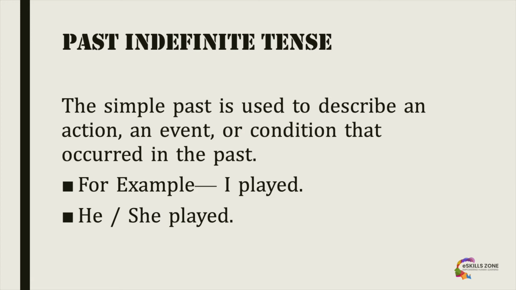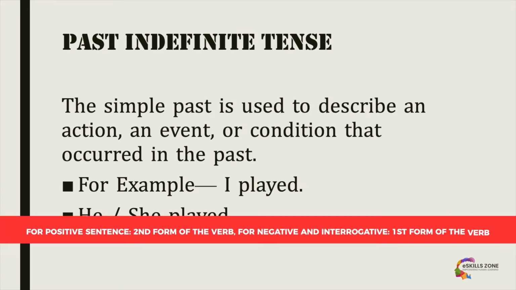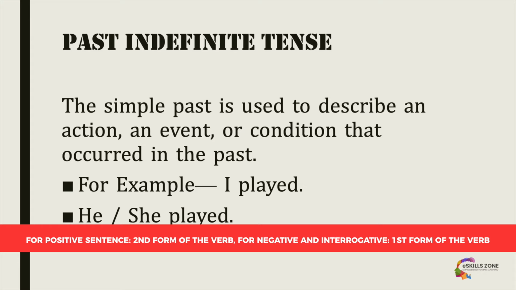And to convert a positive sentence into interrogative too, we use the first form of the verb. So if I summarize, in past indefinite tense we use the second form of the verb in the positive sentence, and for the negative and interrogative sentences we use the first form of the verb.